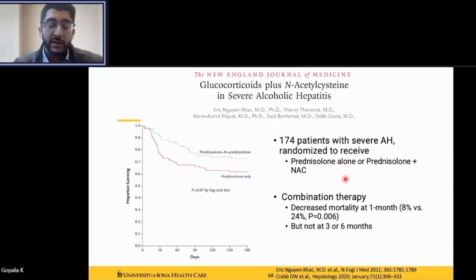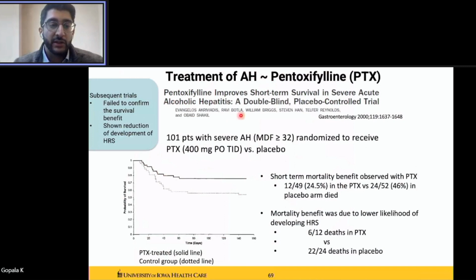So if the patient's admitted and they're very sick, you can start NAC and corticosteroids. Again, talking about pentoxifylline, it has failed to confirm survival benefit and has shown reduction in development of HRS.